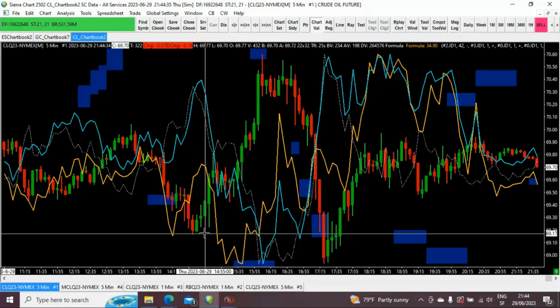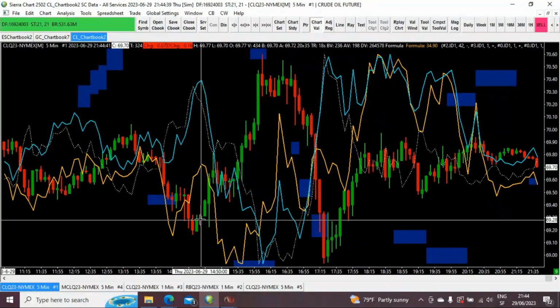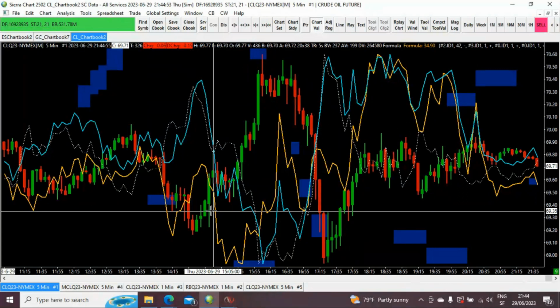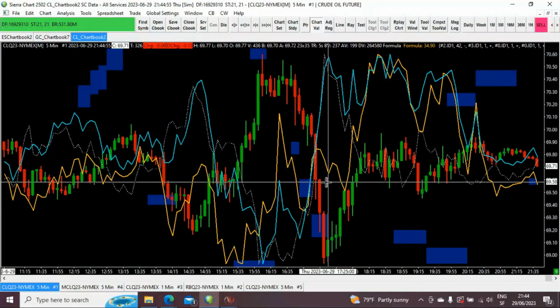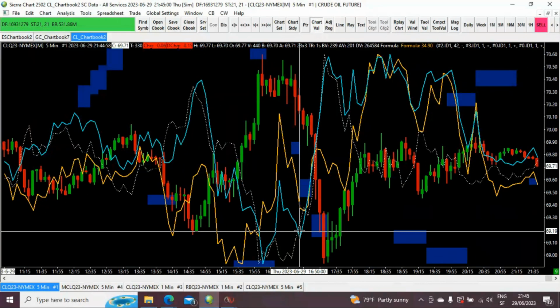So at this sort of level, it would be a good potential long trade. As I say, you would want to confirm with other things, but these are pretty important value lines as far as CL is concerned. So you have a fairly good probability that these trades will work out.